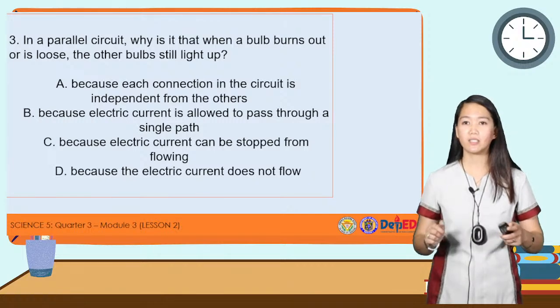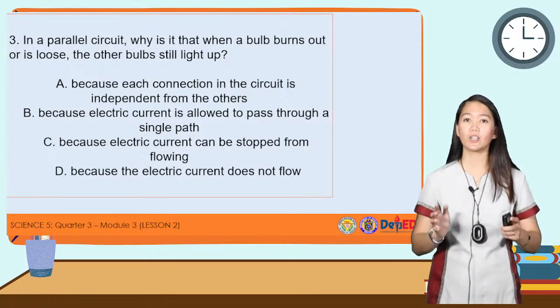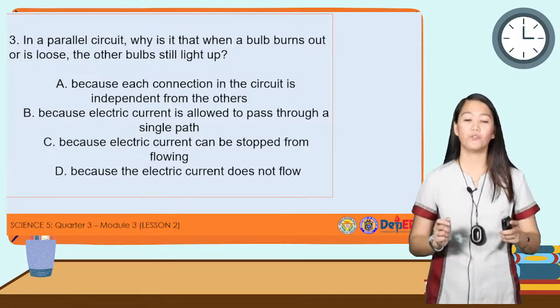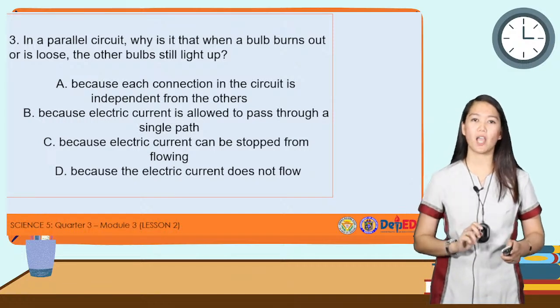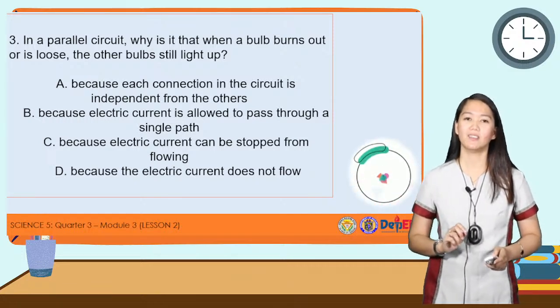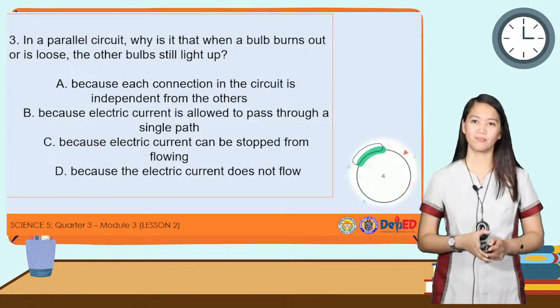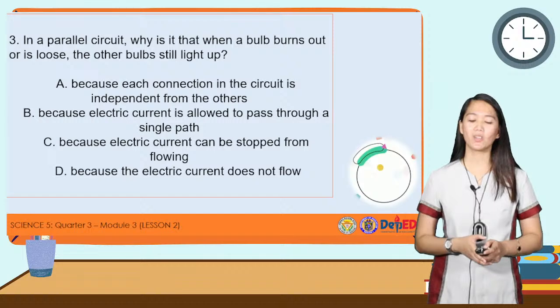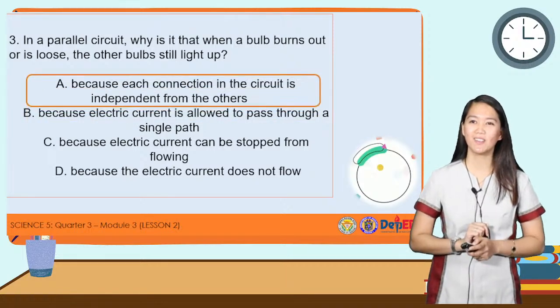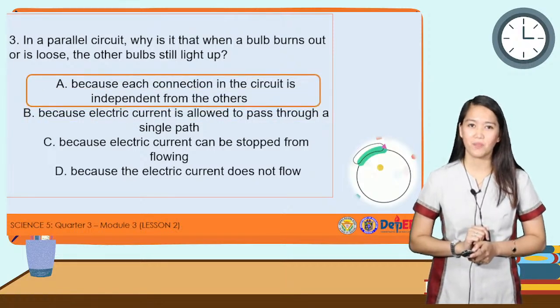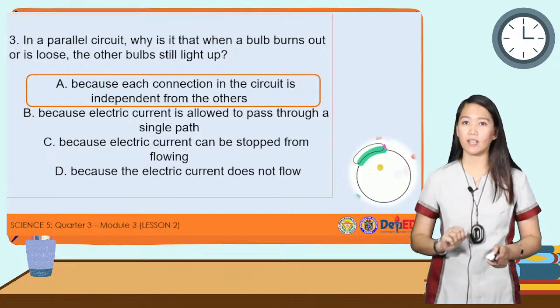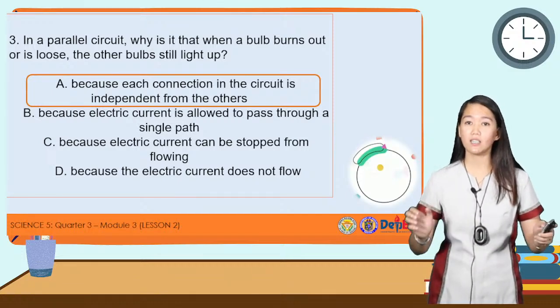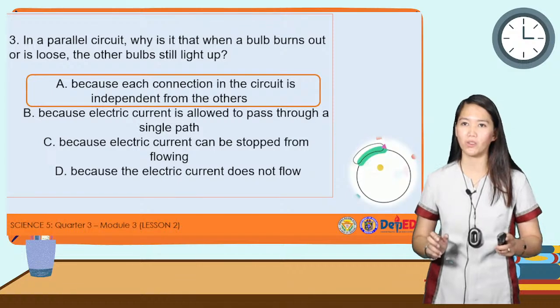Or is it letter D, because the electric current does not flow? Your 5 seconds starts now. Okay, the correct answer is letter A, because each connection in the circuit is independent from the others.